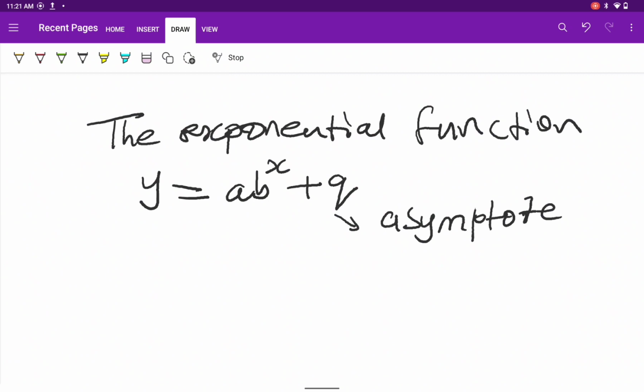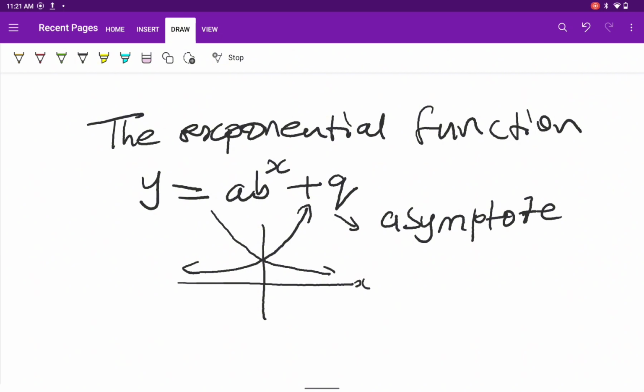So the shape of the graph will be, if our asymptote is maybe the x-axis, then our graph will either be this way, that is the shape, or it will be this way.